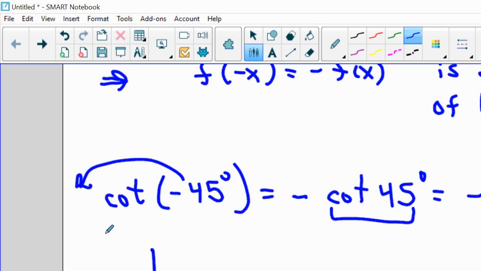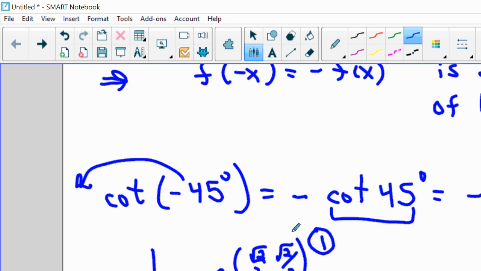You can just turn and burn your unit circle, and if you have a good one, you have your tangents listed along the special angles, and you should be able to see a 1 there. So the answer is -1.